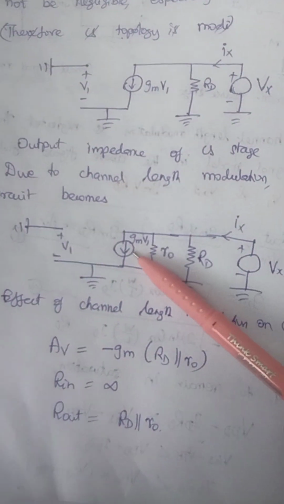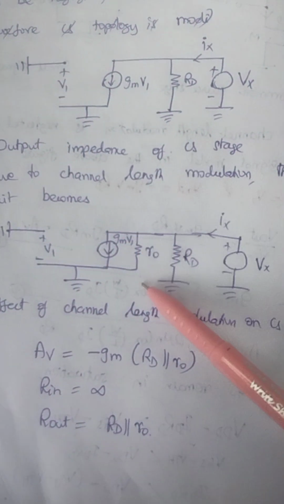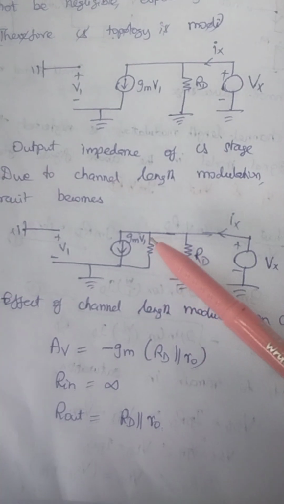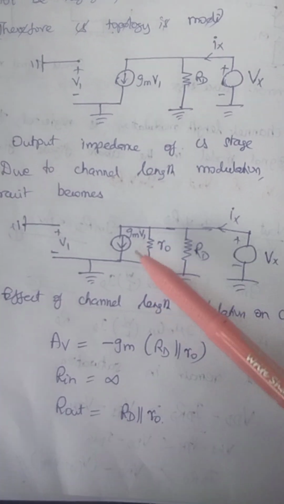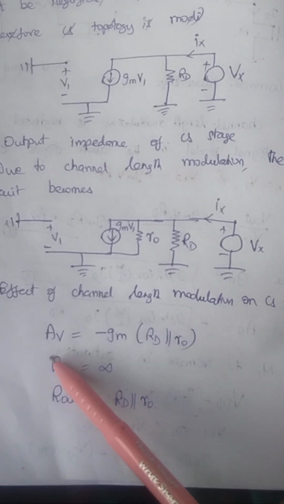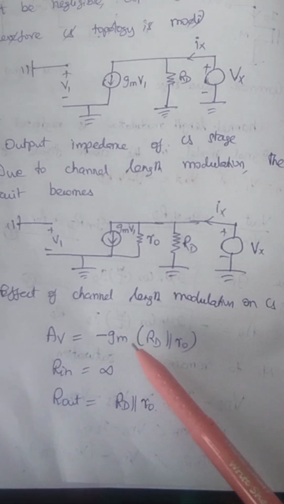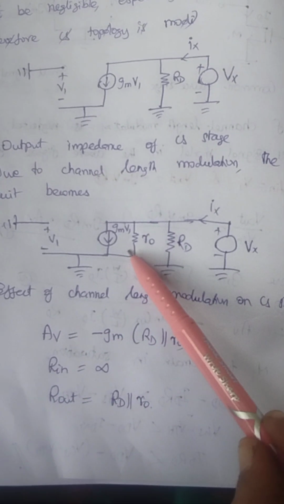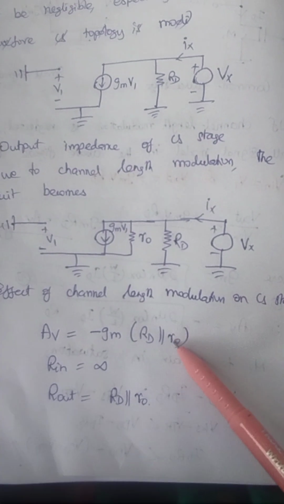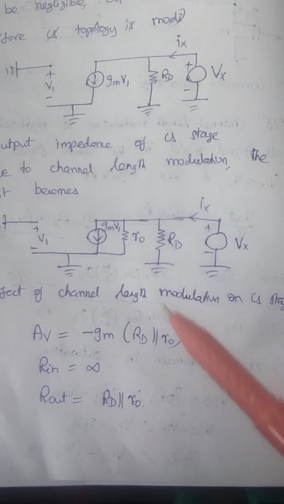Here we have to add one extra output resistance, ro, that is added with your output. So the gain equation is AV equal to minus gm RD parallel ro. See here, this resistance is added because of channel length modulation.